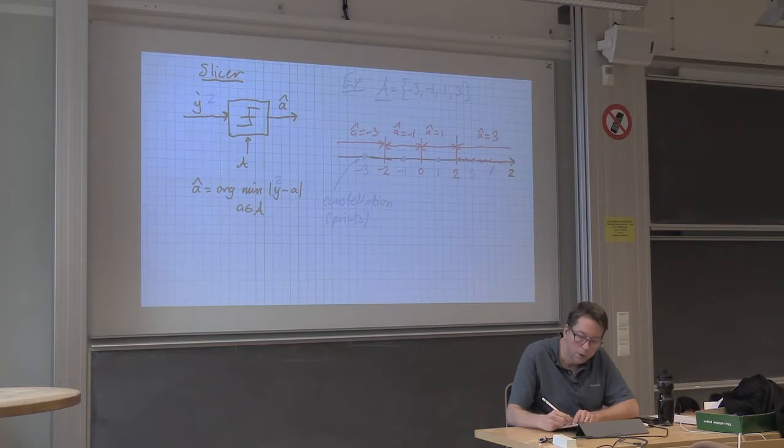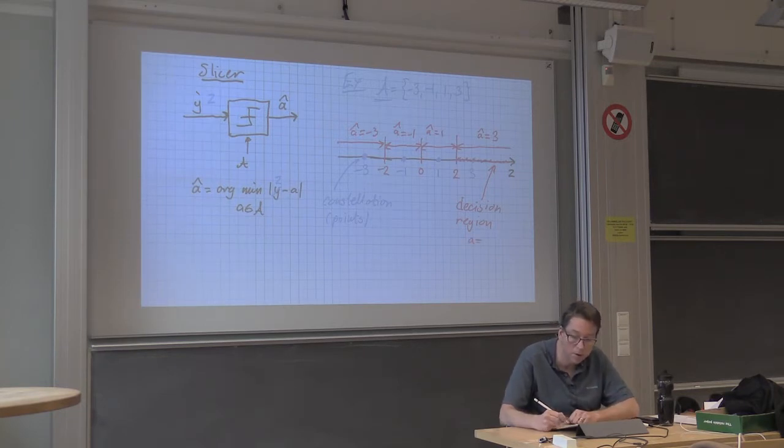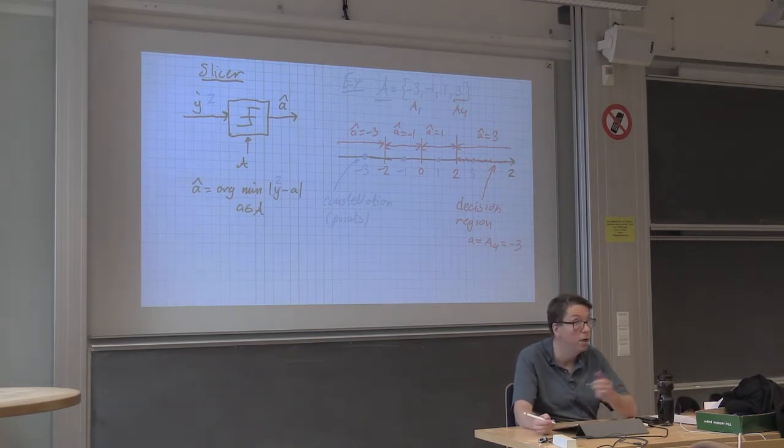So this part here is the decision region for a specific output of the slicer, or decision or guess on what the transmitted signal is. This is the decision region for when A is equal to A4, which is -3 in this case. And this is equal to A1, if we just enumerate them like this.